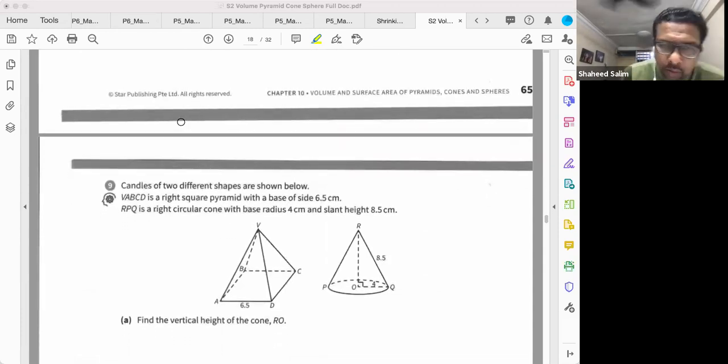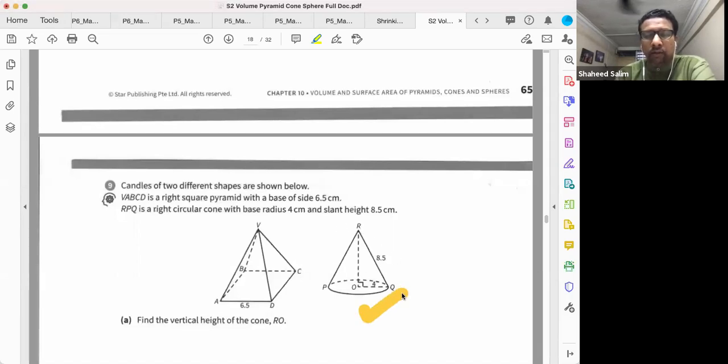Hold on. Okay. This one you can find. Can you find the volume? You must find the volume for this one. But in order to do that, you need to find the height.